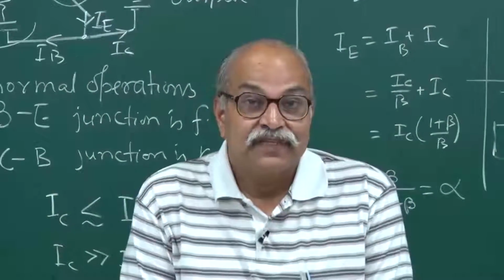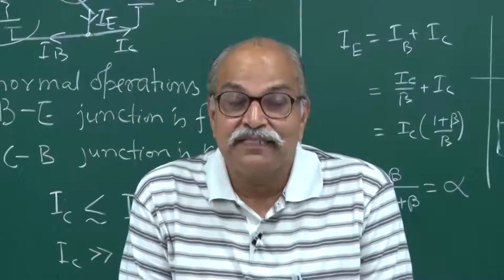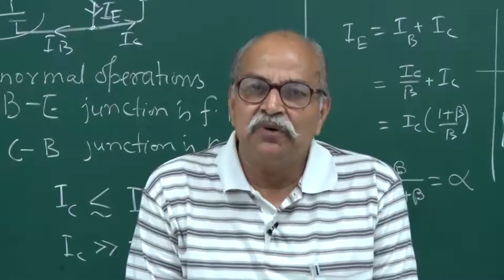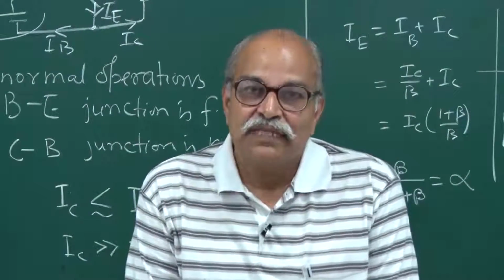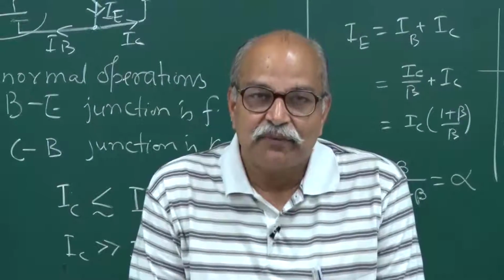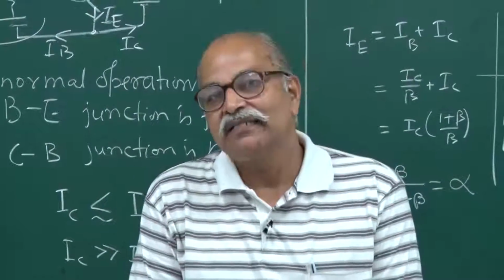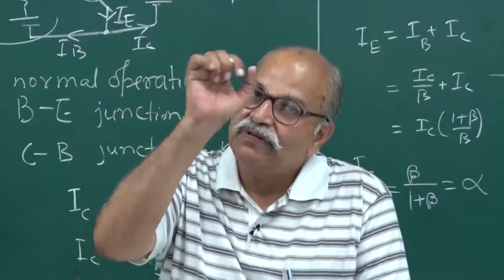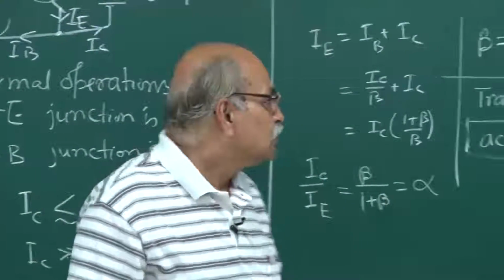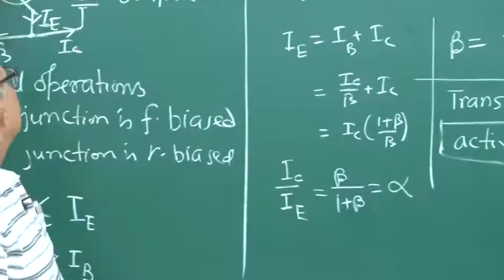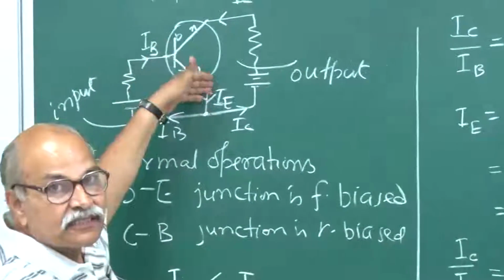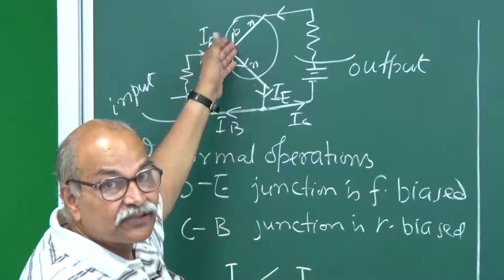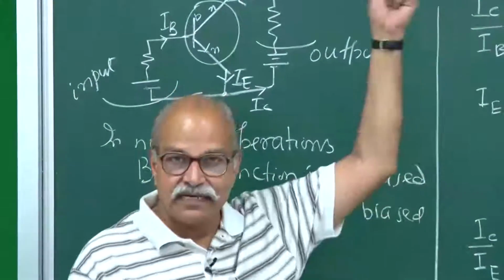If the forward biasing of base emitter junction is not proper, very small biasing or no biasing, zero potential difference, then what happens? If you do not bias this PN junction, just leave it open or give it a very small voltage, then what will happen? This PN junction will not operate, you know, the VI characteristics. You need a small voltage, after that the current starts.